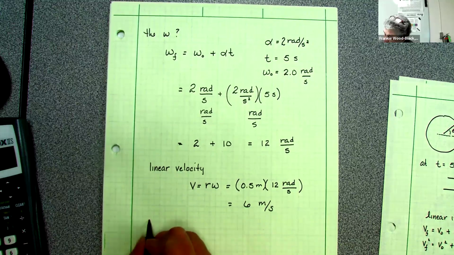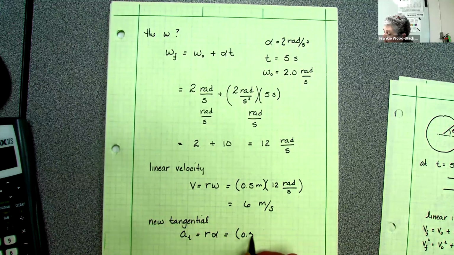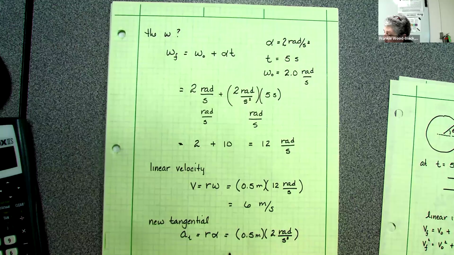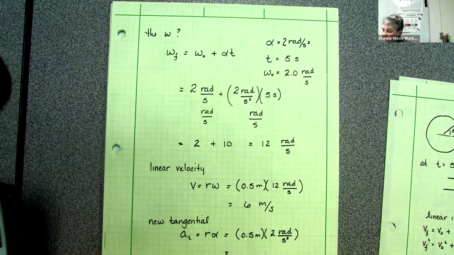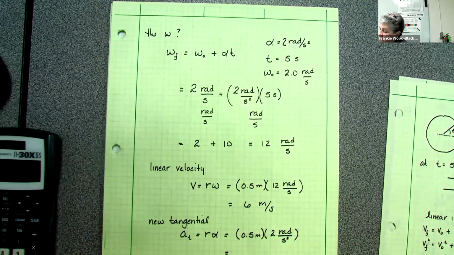My new tangential acceleration, that's going to be R alpha, and that is going to be my 0.5 meters times my 2 radians per second squared, gives me 1 meter per second squared.